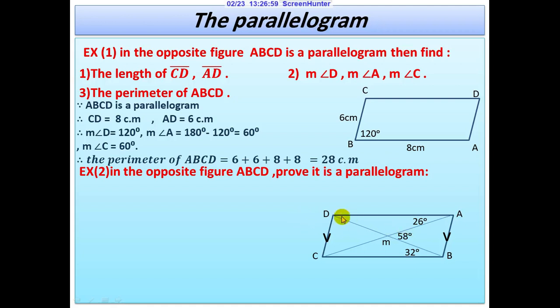He gave me the measure of angle DAC equal 26 degrees, the measure of angle AMB equal 58 degrees, and finally the measure of angle DBC equal 32 degrees. And he gave me AB parallel with DC only. But how to prove this shape is a parallelogram? To prove that, we must find one of the 4 properties which we have studied before.